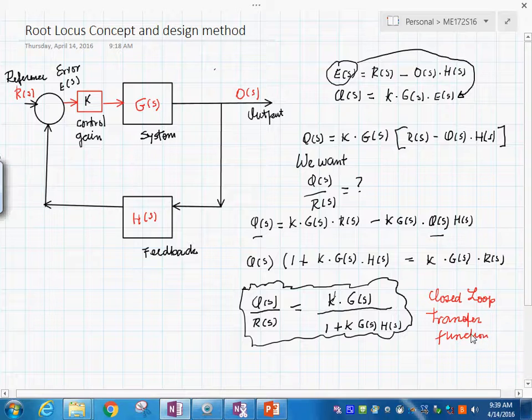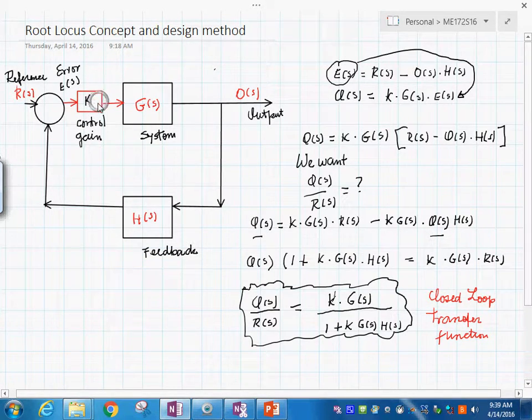This one is a special transfer function because on the setup that we have, we introduced a control system which is just a constant, just a gain.